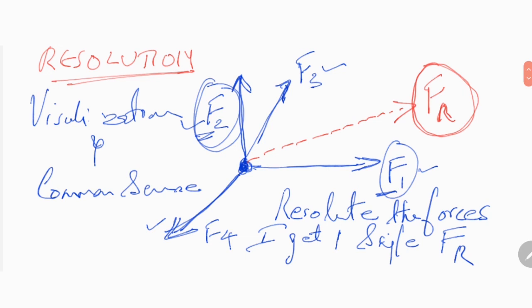And there are primarily two ways to do it. One is called the parallelogram law.